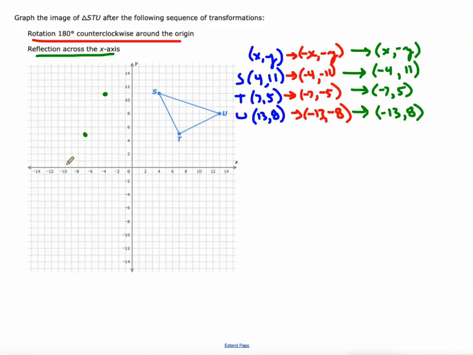And -13, +8. If your shape doesn't look the same size, you did something wrong. So mine looks good. And IXL will draw the lines in there for you. All you have to do is plot the points.